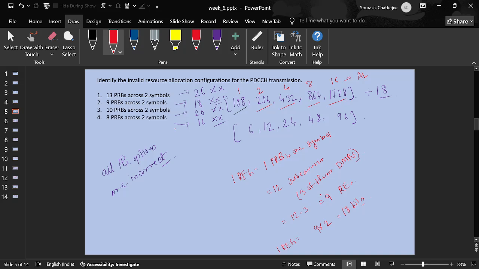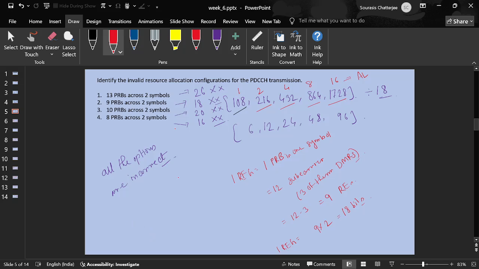And what is the next hierarchy for PDCCH transmission? It's the CCE, right? One CCE consists of 6 REGs. So when you multiply 18 with 6, we get the number 108. So if I have to find the number of PRBs, how can I find it?